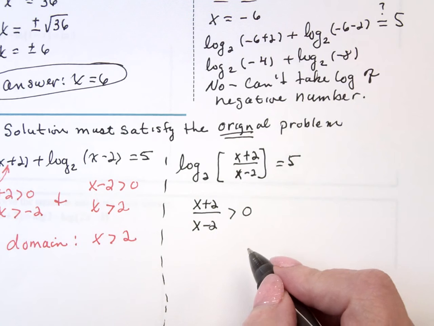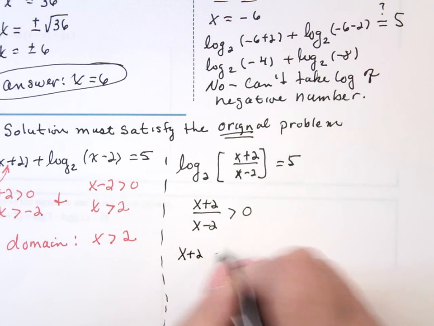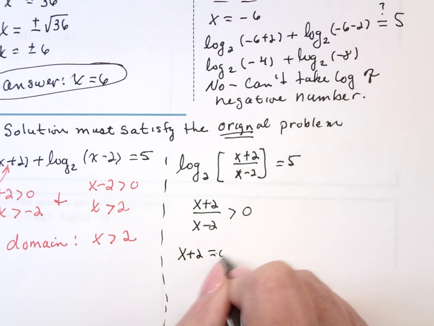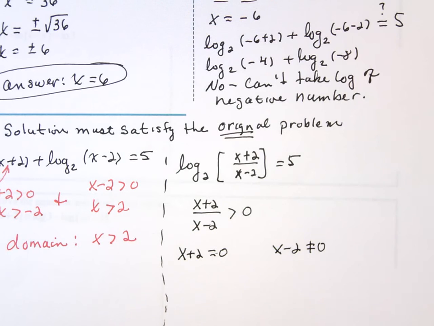Or our setup is x plus 2 has to be 0, and x minus 2 can't be 0. Or x equals negative 2, x can't equal 2.